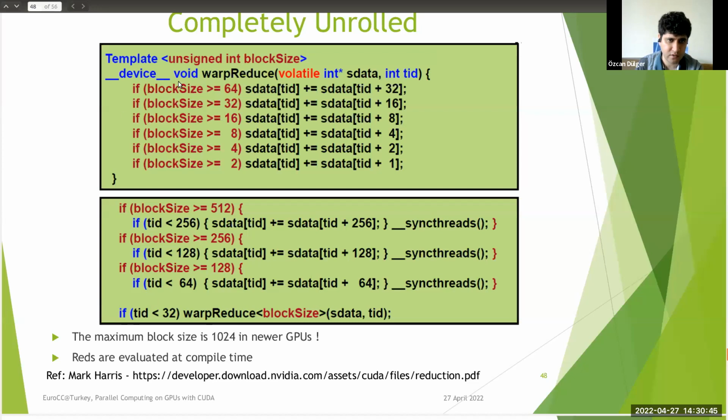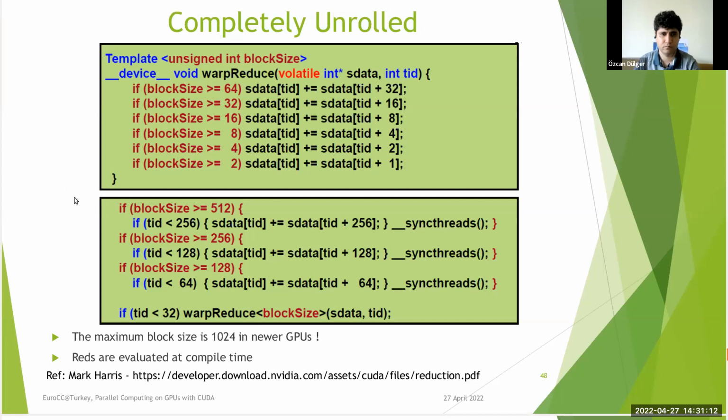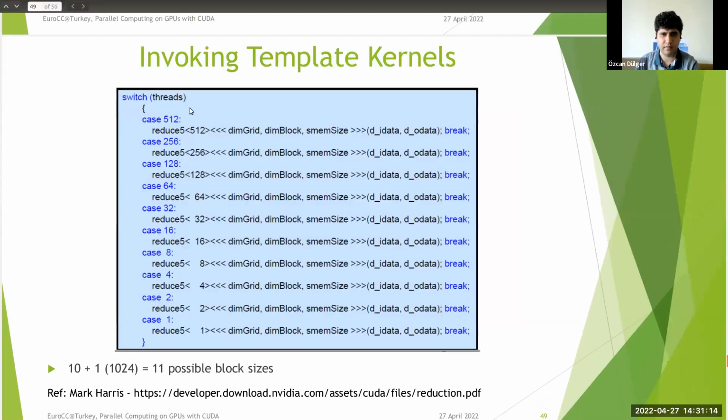And the red ones here are evaluated at compile time. Depending on the block size, the red ones are evaluated and the final code will be generated at compile time. So as you see, we completely unroll the iterations of the for loop. How can we call it here?